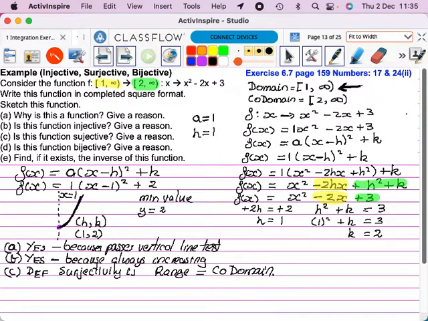Now, fall back on definitions, gentlemen and ladies. Range is the lowest value on the y-axis to the highest value on the y-axis. So take a long, hard look at your graph. And this is the lowest point. And what is the y value at this lowest point? The y value at this lowest point is y is equal to 2.